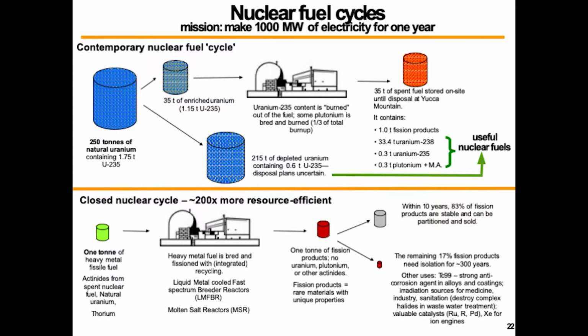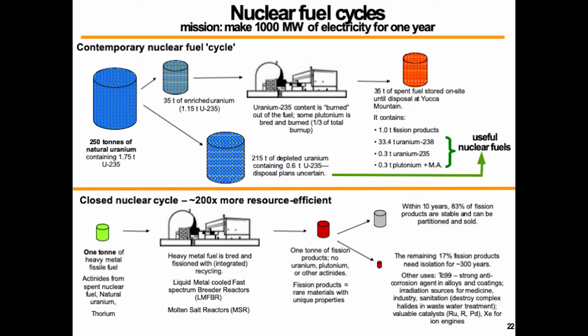So, of course, if you burn all the fuels, or the possible fuels, then you increase your fuel efficiency. So here's a comparison of our current nuclear fuel cycle with a sort of idealistic, fully closed nuclear fuel cycle, where we are trying to make a gigawatt of electricity for 1 year. In our current fuel cycle, we start with 250 tons of natural uranium. We enrich it.